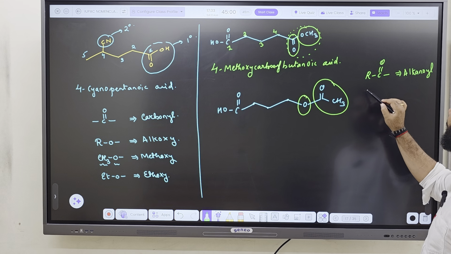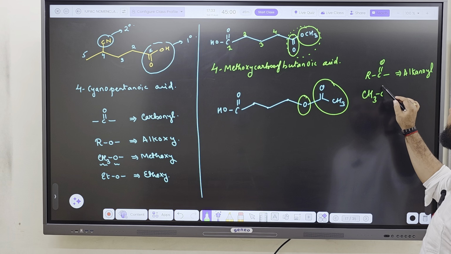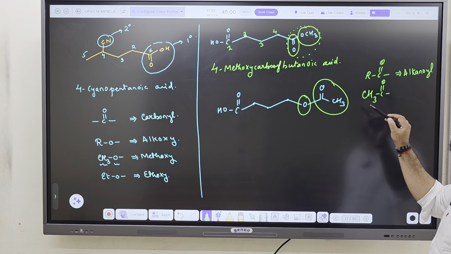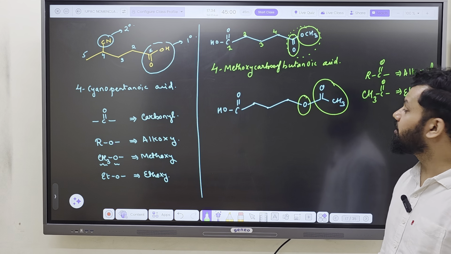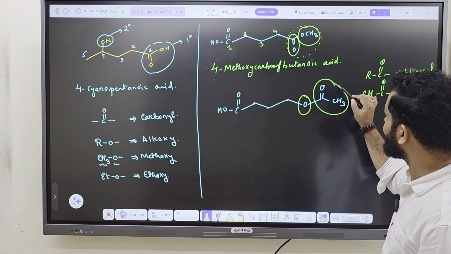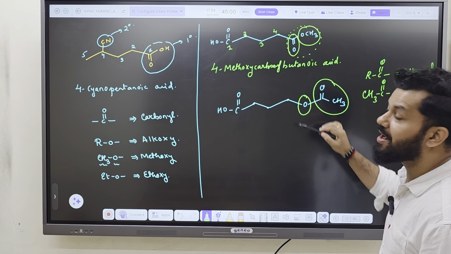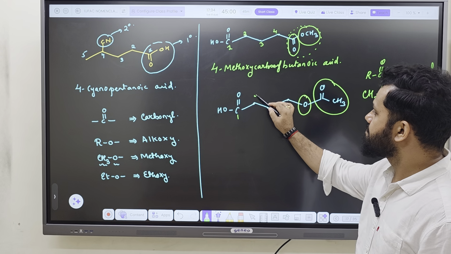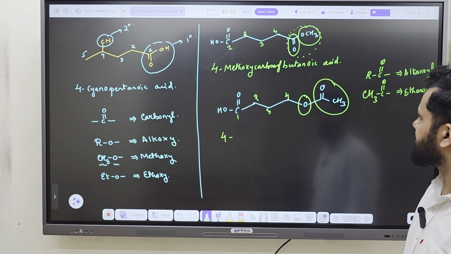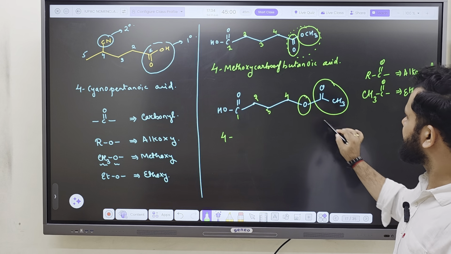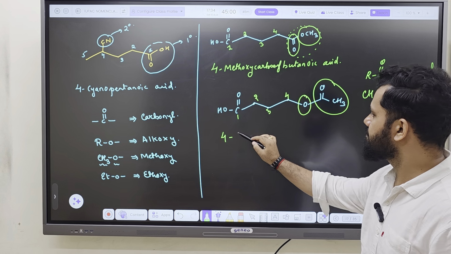Alkanoyl. Likewise, CH3CO, since there are two carbons, it is called ethanoyl. It's called ethanoyl group. So this group I have ethanoyl and here I have oxy. So fourth position is occupied by this substituent, ethanoyloxy.